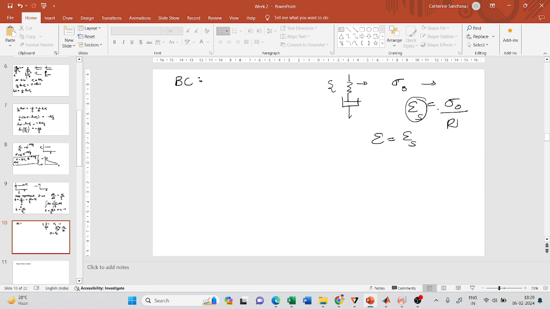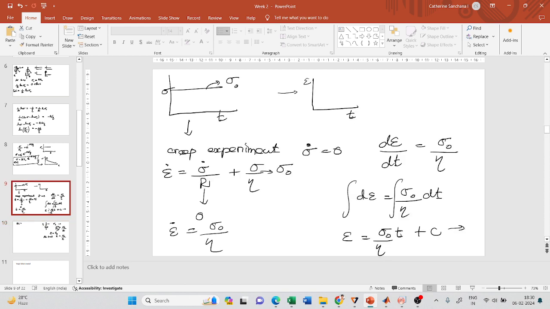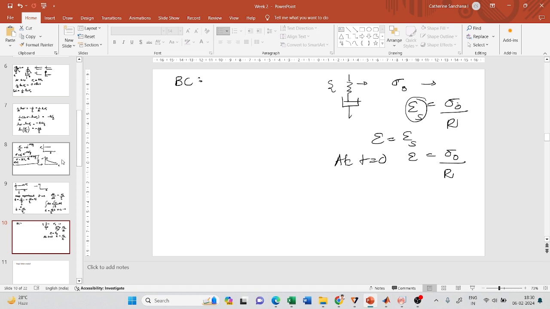This strain in the spring can be represented by sigma naught divided by r. So at time t equals 0, epsilon is equal to sigma naught divided by r.